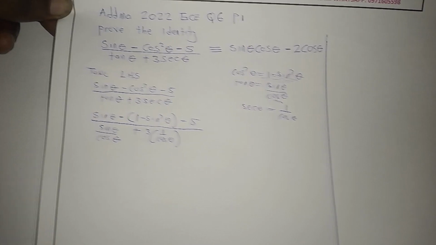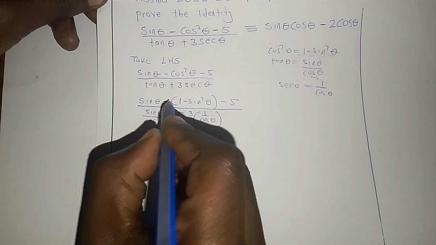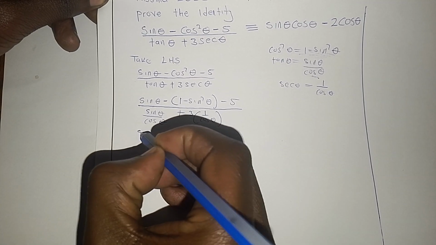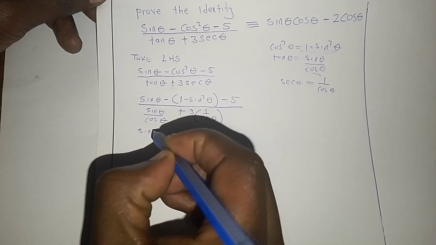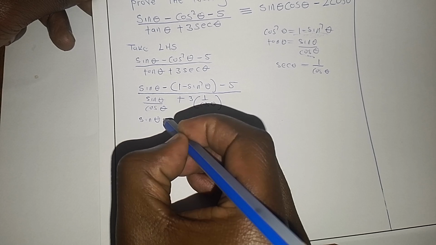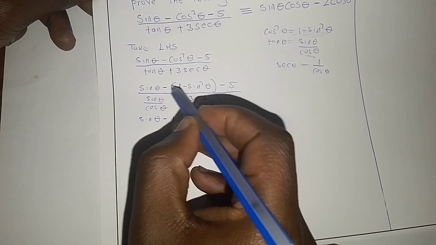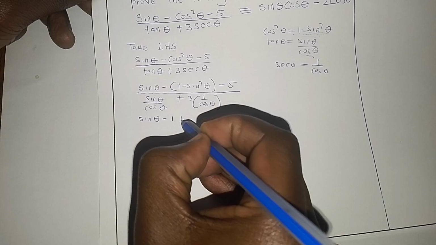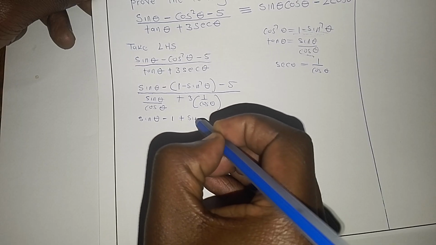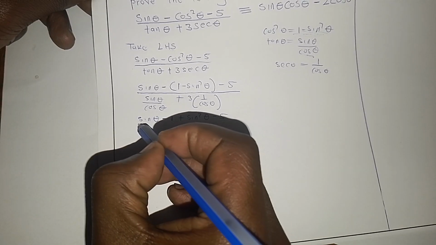From there it's just a matter of distributing the negative. I have sine theta, then negative 1 times 1 gives negative 1. Then negative 1 times negative sine squared theta is positive sine squared theta, minus 5.